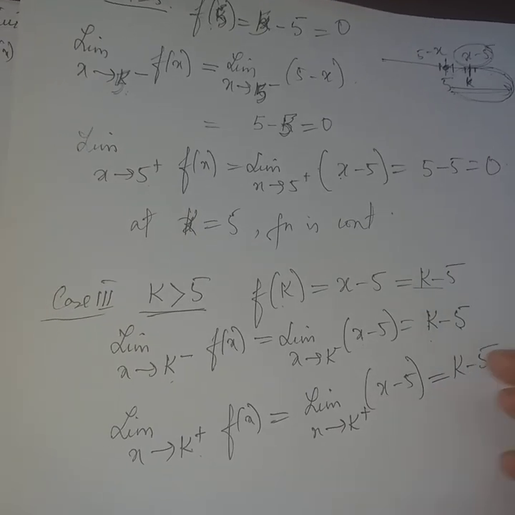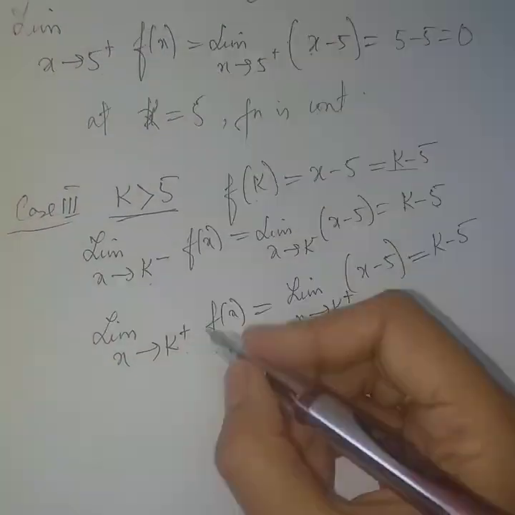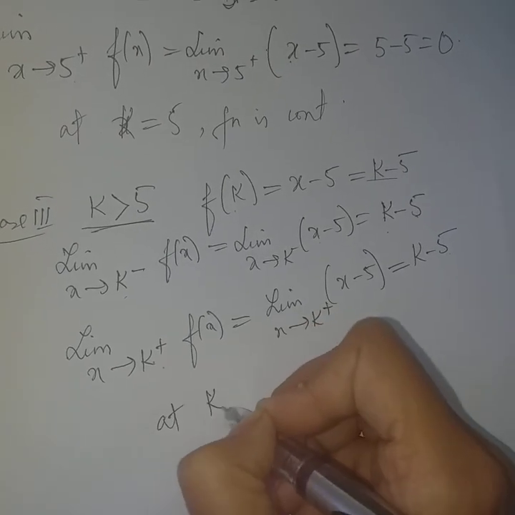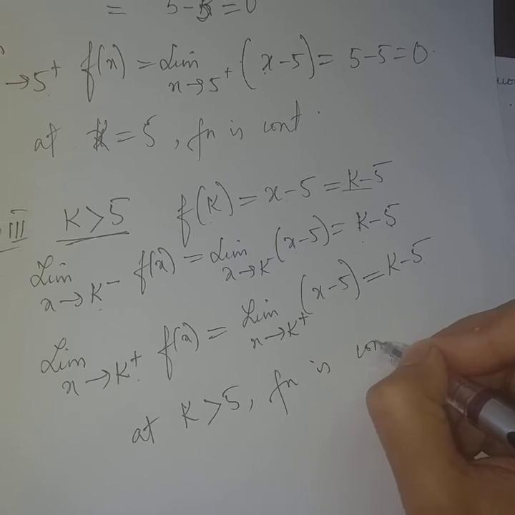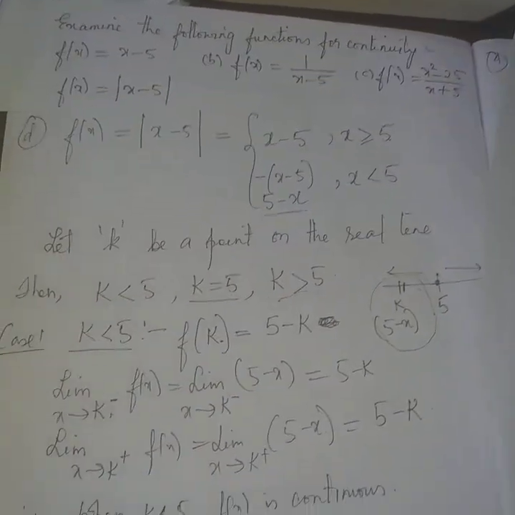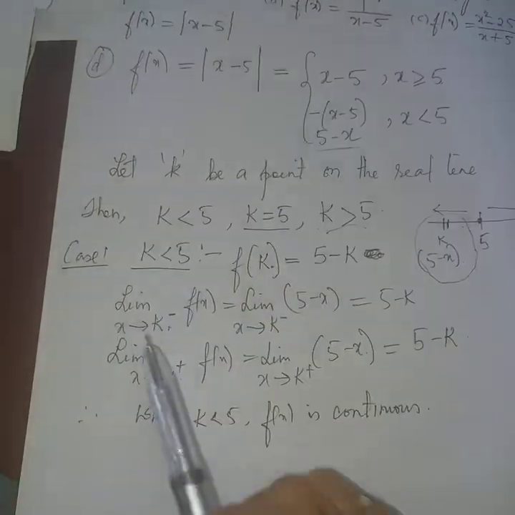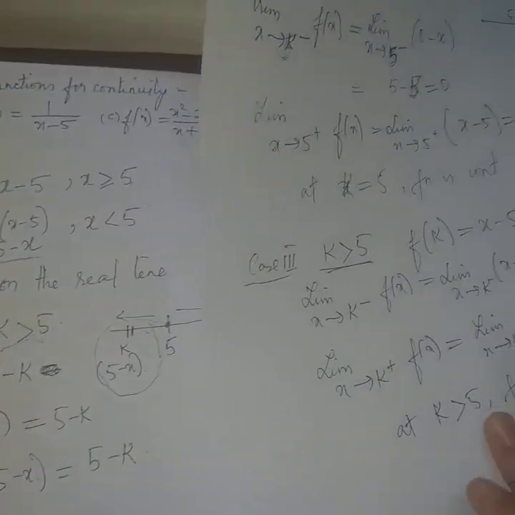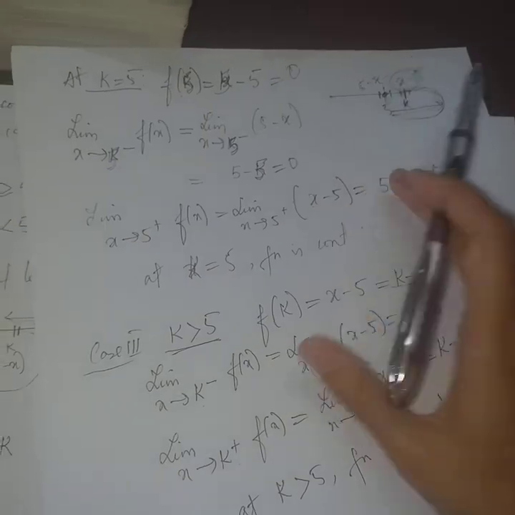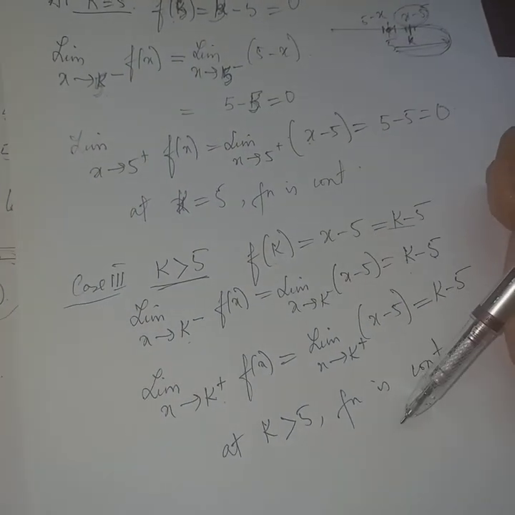All three match, so at k greater than 5 the function is continuous. So for all three cases we have checked, k less than 5, k equal to 5, and k greater than 5, the function is continuous.